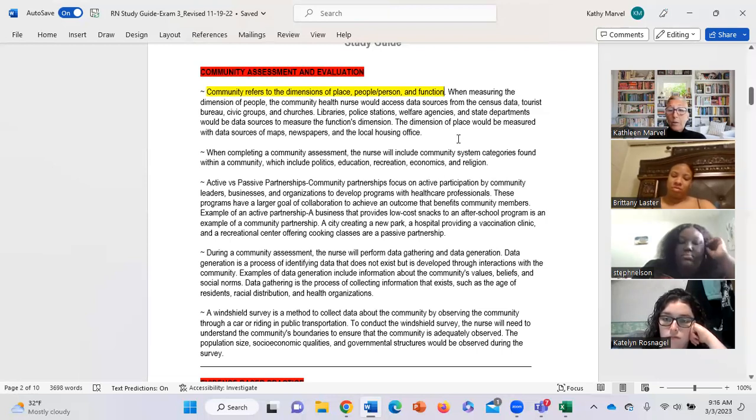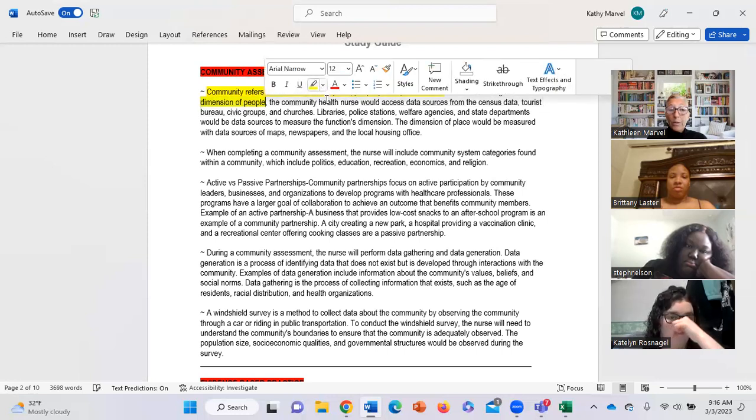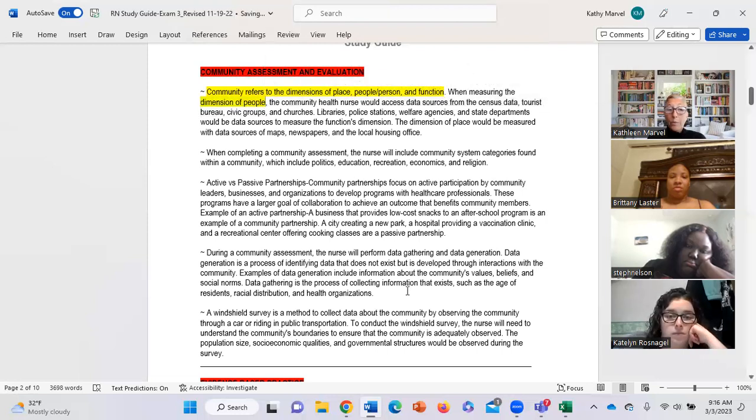What are those three? Well, it tells you right here. So when measuring the dimension of people, where are we going to get the information? I like to highlight. So here's your dimension of people. How do you get information about your dimension of people? Well, you would access data sources, maybe from census, tourists, civic groups, churches.